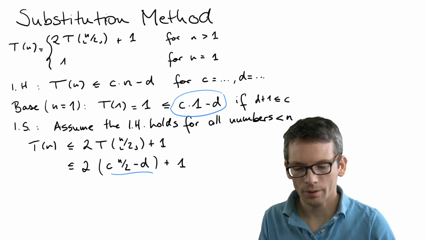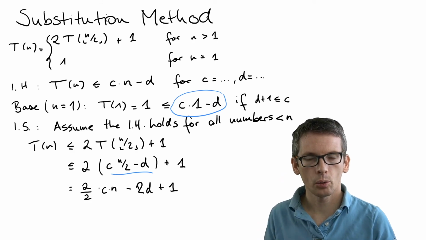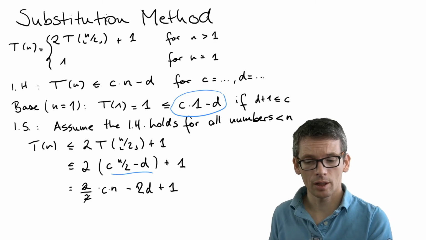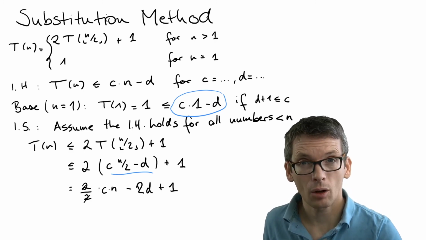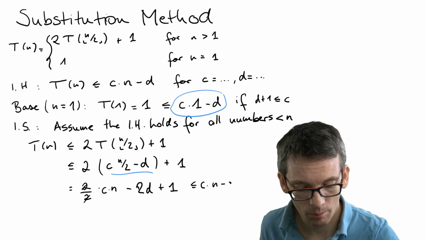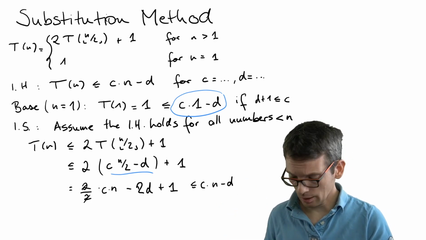Now let's rewrite this. The 2's cancel, but only the 2's in the c term, not in the d term. So make sure to have the 2 there. And now we want that this is smaller or equal to c times n minus d. So when is that the case? We have c times n on both sides.